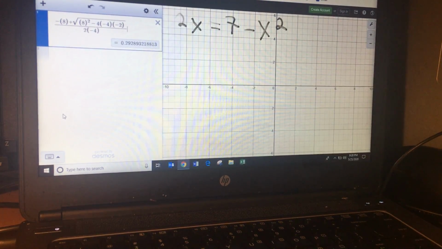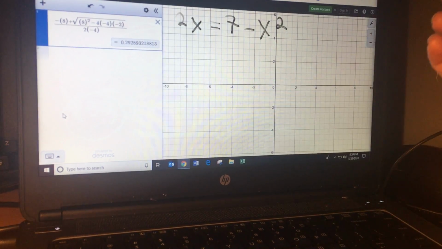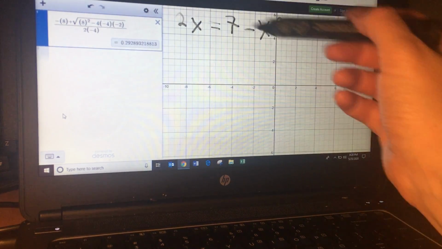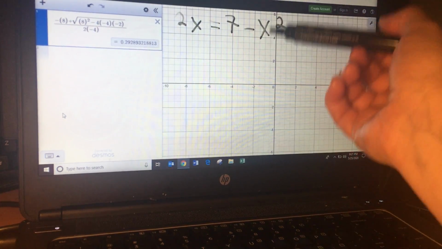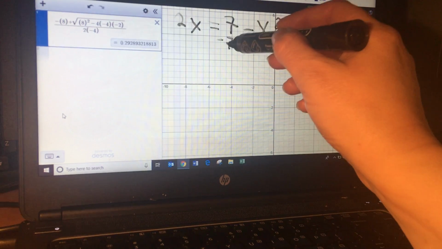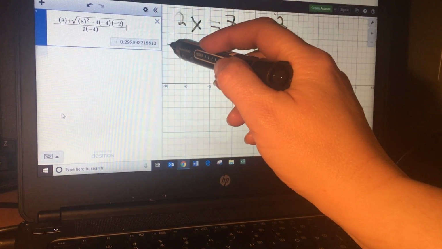We do not want it in this order because we got to know where A, B, C is. So I'm going to move these two to that side because I have a negative and I don't want to work with negative, and opposite is positive. So -7 here plus x squared here. What you do to one side, you have to do to the other.